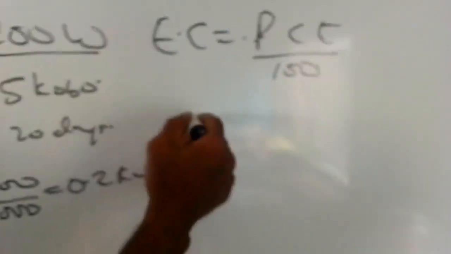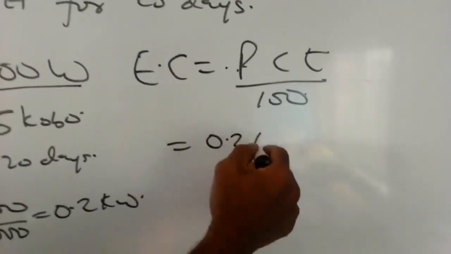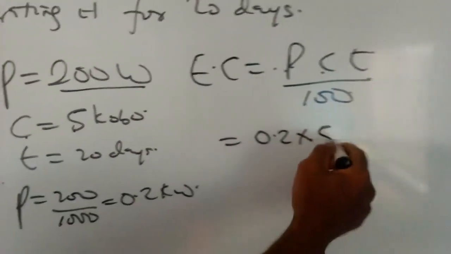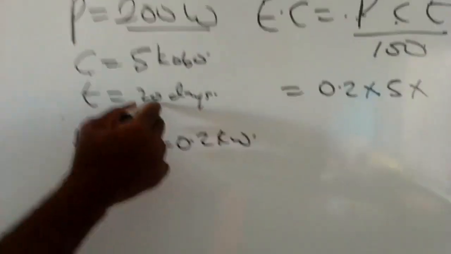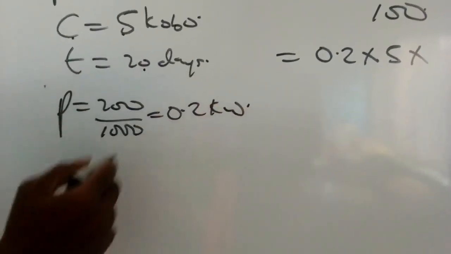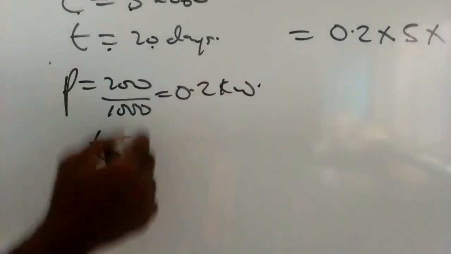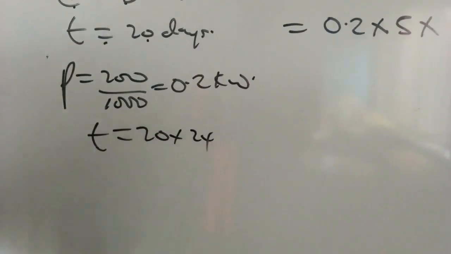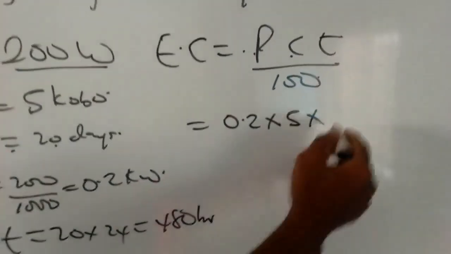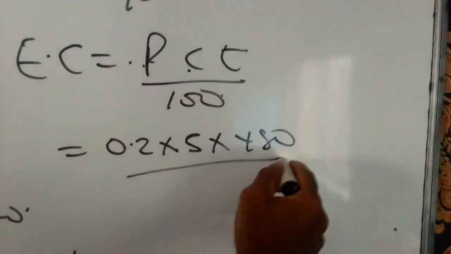So we now have 0.2 times the cost, which should be in kobo. And the time, as I said, should be expressed in hours. Good. So that's going to be 20 times 24 hours. That gives us 480 hours. Now 480 divided by 100.